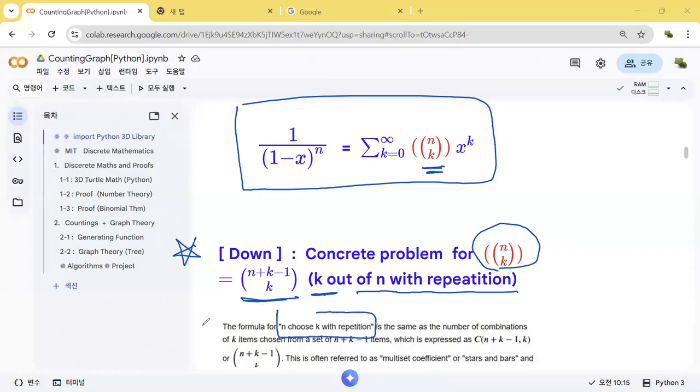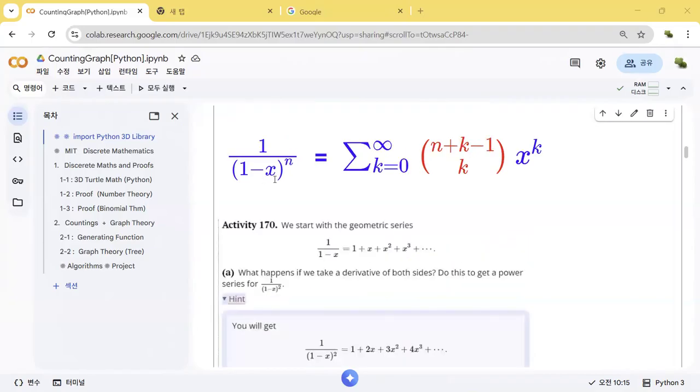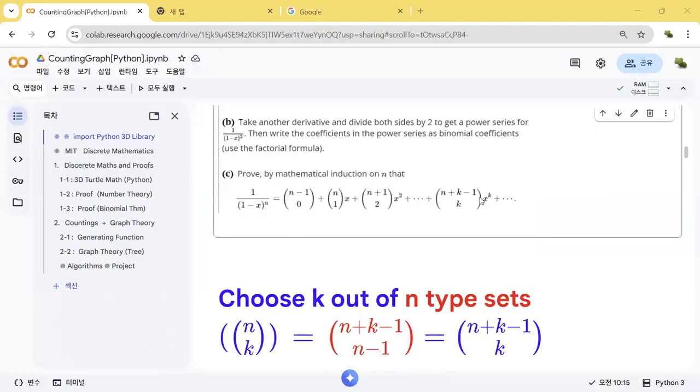So we say this is equal to this formula. But I will explain this one more time in the classroom. But today's examination, our quiz problem, wanted to concentrate on the binomial expression of this one using Newton's generalized binomial theorem. Also, by taking the derivative from this one, you can get the same result.